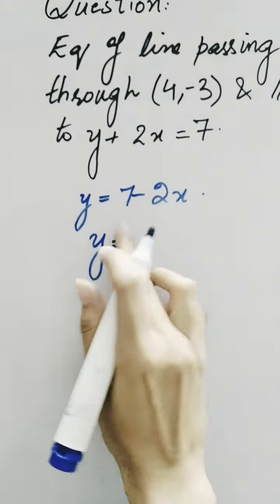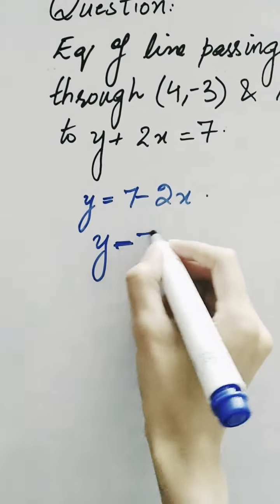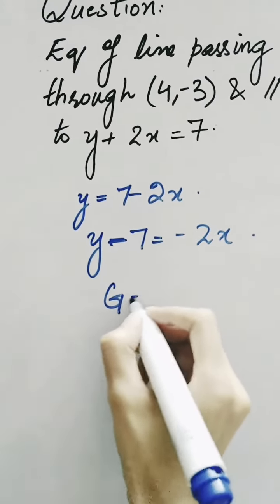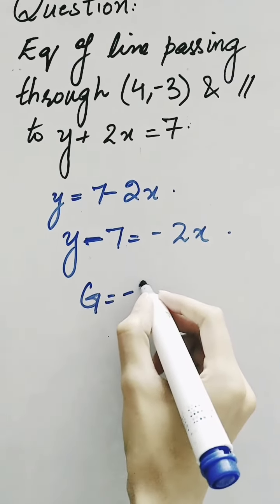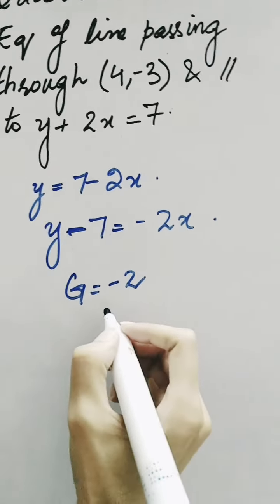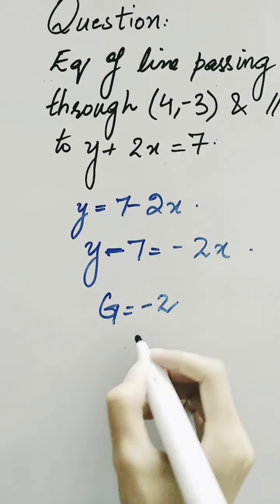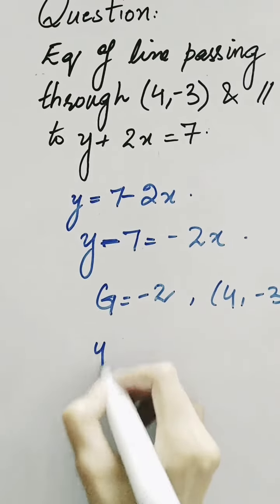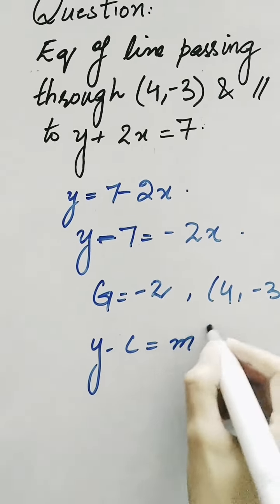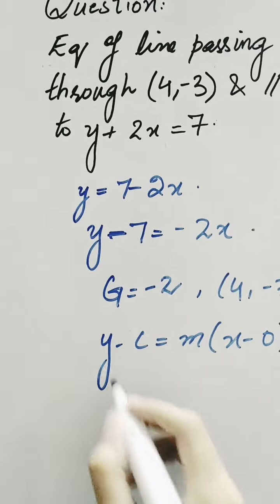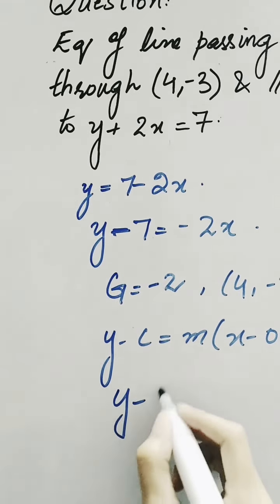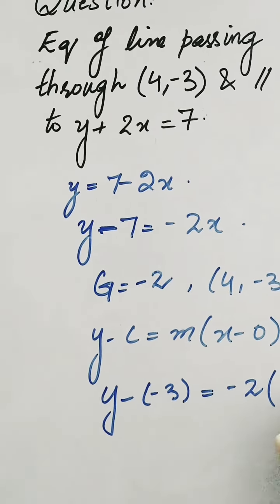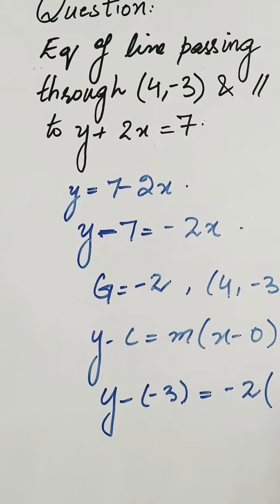Now we have y minus 7 equals minus 2x, so the gradient comes out as minus 2. Now we have the gradient and the coordinates are given as (4, minus 3). By using the equation of a line, we will find the equation of the other line. Now we have y minus the y coordinate, which is minus 3, gradient is minus 2, x minus the x coordinate, which is 4.